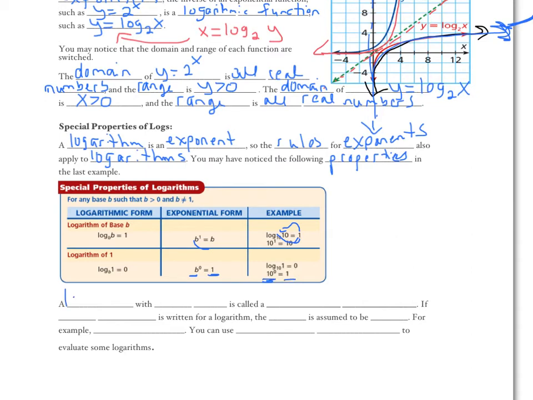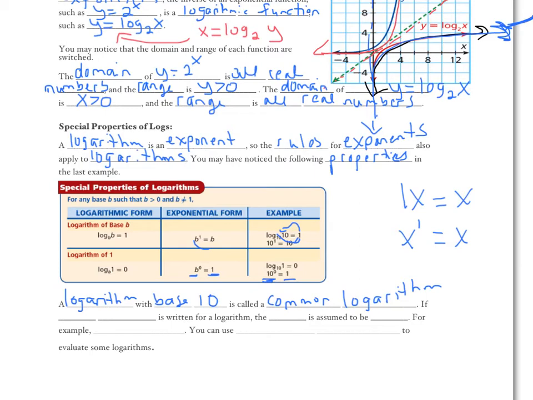So a logarithm with a base 10 is called a common logarithm. And just like when we have 1x, we just write x, or we have x to the first, we just write x, the same is true with logarithms.